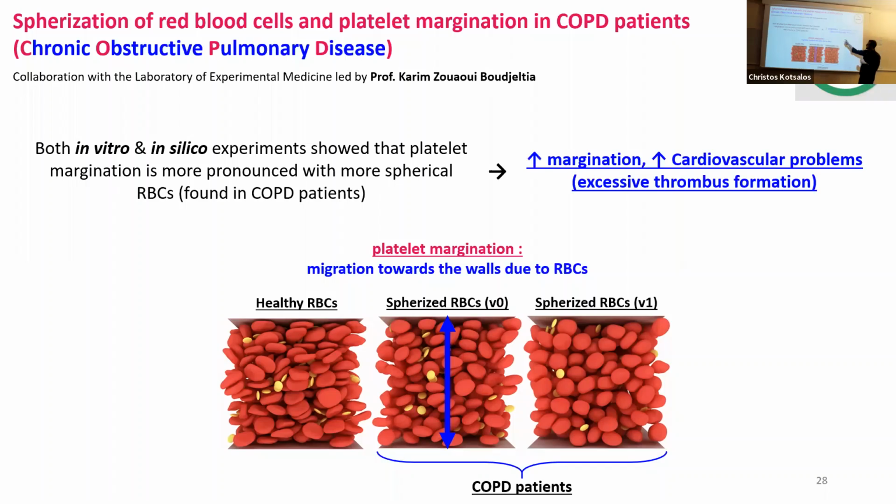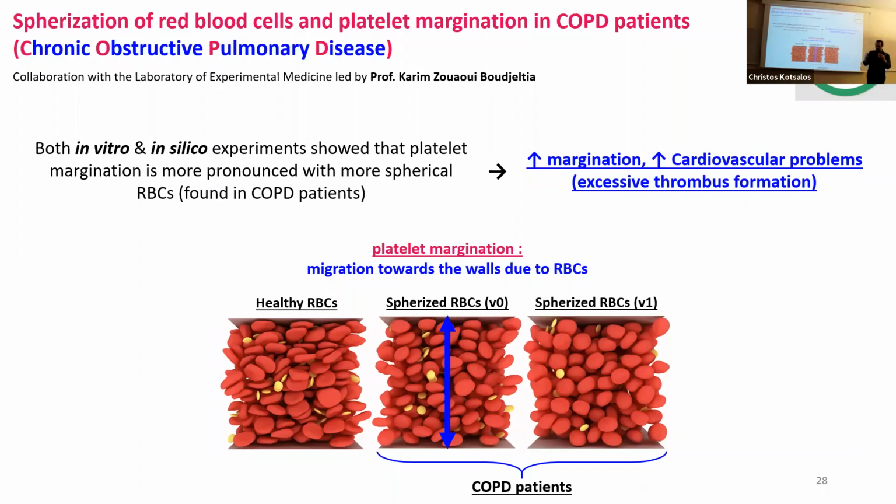This means that if we have higher margination, this leads to higher concentrations of platelets towards the walls. So more cardiovascular problems, in the sense that we may have an excessive thrombus formation. And again, from one of the first slides, if a thrombus detaches, it may cause a heart attack or a stroke.